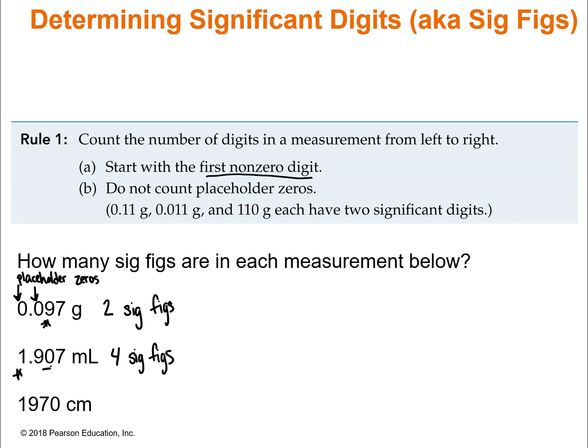This 0 is significant. That means that it's measured. Those measured zeros are kind of sandwiched in between other numbers.